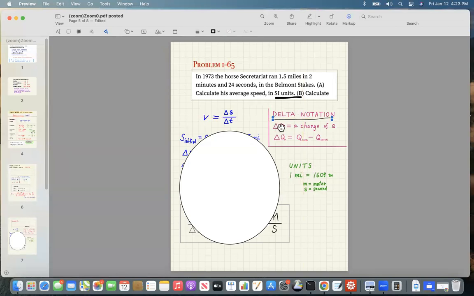If you see delta Q, with the Greek capital letter delta, delta Q means a change of Q, where Q is some quantity. In this case, Q is a distance or a position. Actually, here, S is the distance from the starting point.